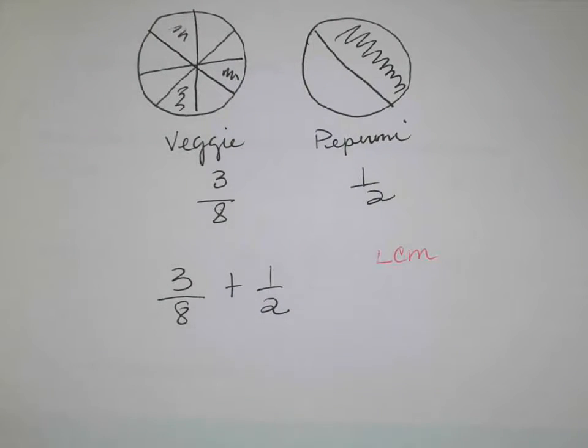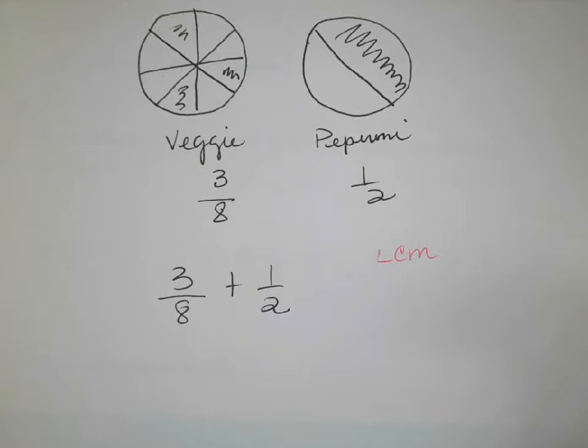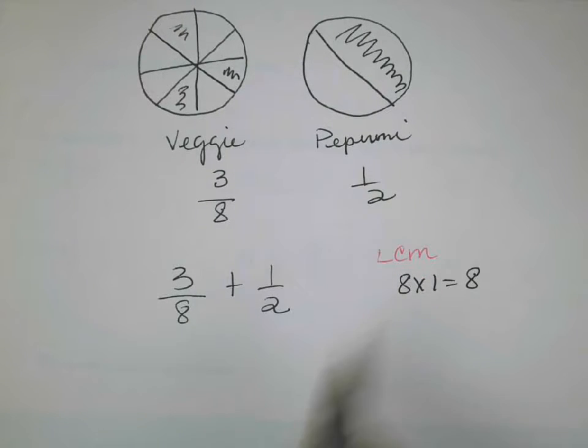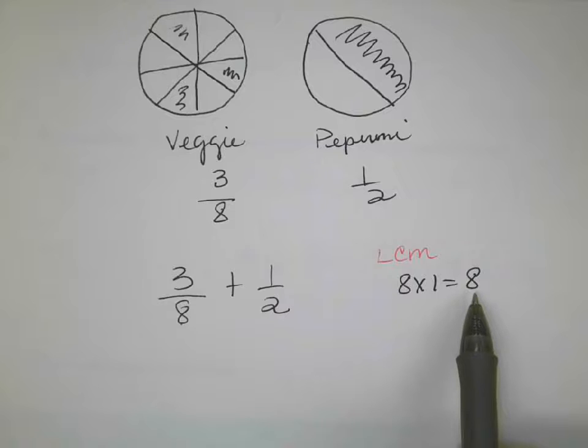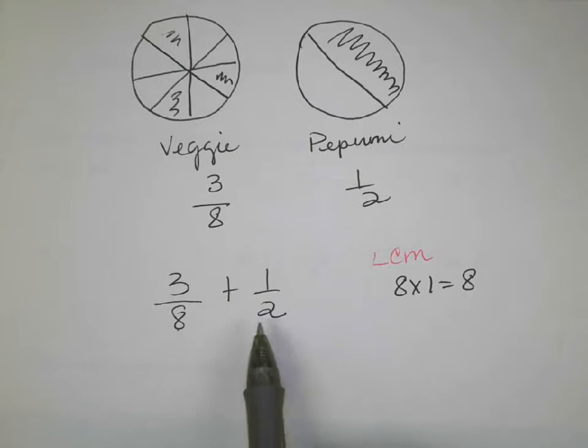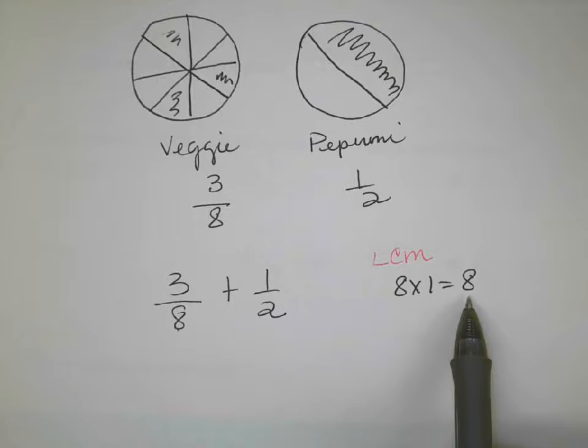So what I'm going to do is just do multiples of 8 till I find one that meets both criteria. 8 times 1 is 8. Will 8 go into 8 evenly? Yes. Will 2 go into 8 evenly?